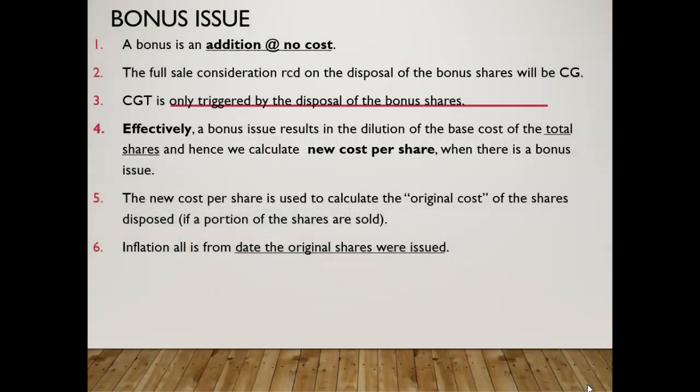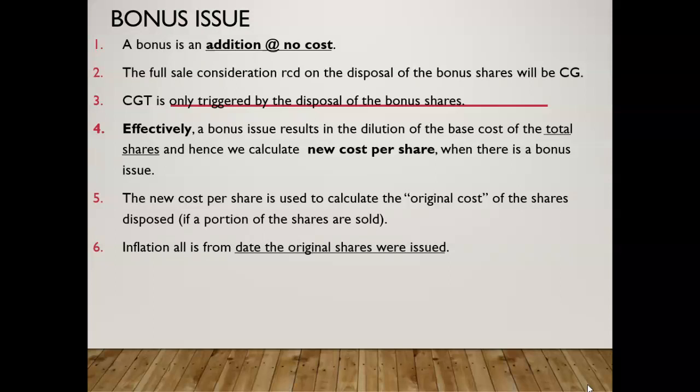So I was saying, let's say initially you acquired 10,000 shares at $2 each. That means the total cost of the shares was $20,000, isn't it? Then you are given another 5,000 bonus shares. That means effectively we now have 15,000 shares, but the cost is still $2 per share.